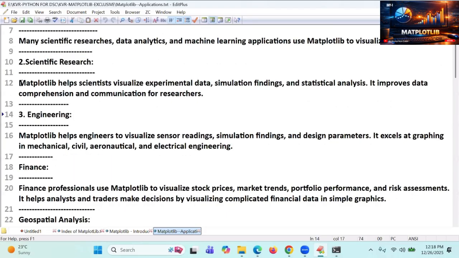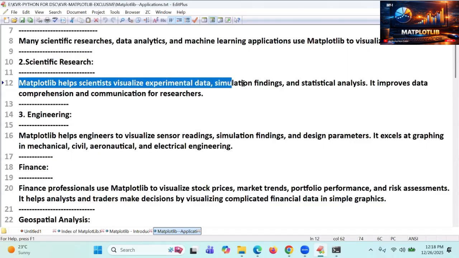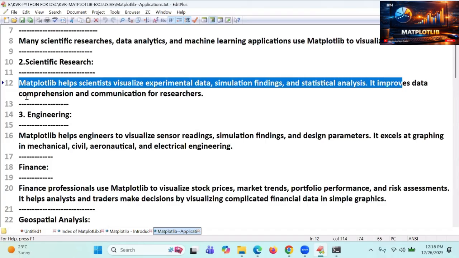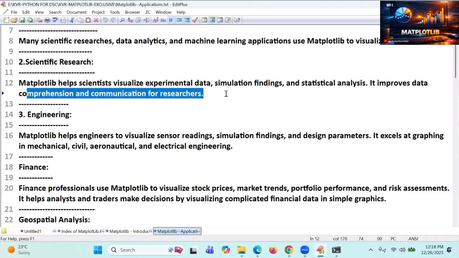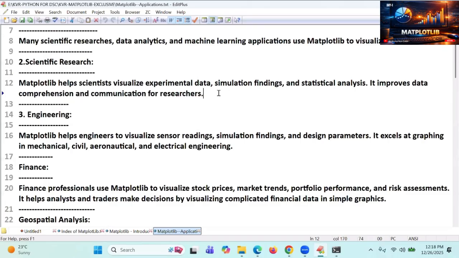Scientific researchers: Matplotlib helps scientists visualize experimental data, simulation findings, and statistical analysis, improving data comprehension and communication for researchers. Suppose our PM goes to any defense academy, they will show their achievements over the years, applying statistical information on how efficacious and accurate their products are.